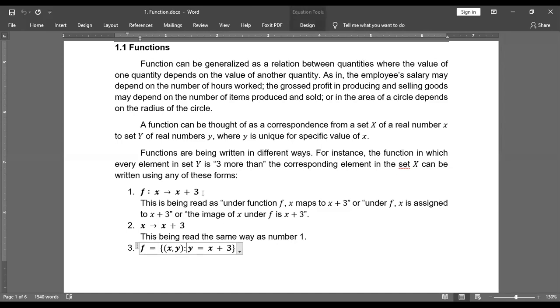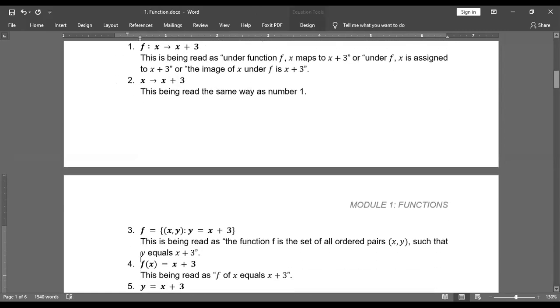And for number 3, at this time the function is written in rule form. Diba natin? Rule form siya. If you remember the two ways of expressing sets, the rule form and the tabular form during the set notation.